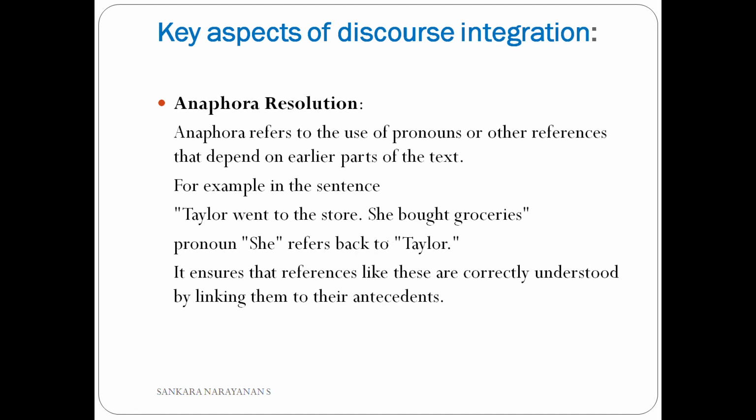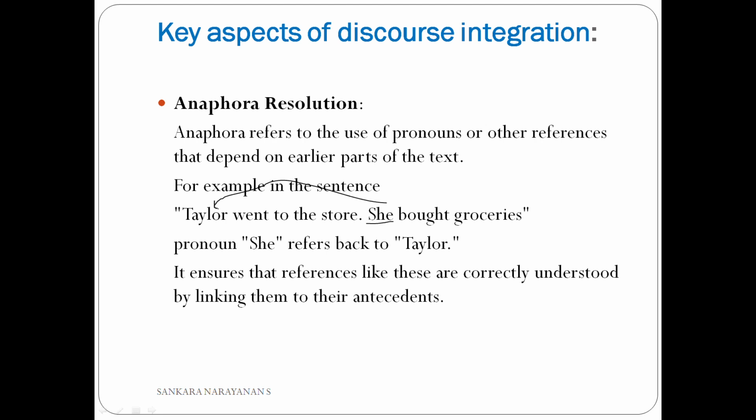So there are two key aspects here. One is anaphora resolution. Anaphora refers to the use of pronouns or other references that depend on earlier parts of the text. For example, "Taylor went to the store, she bought groceries." Here the pronoun is she, and she refers back to Taylor.